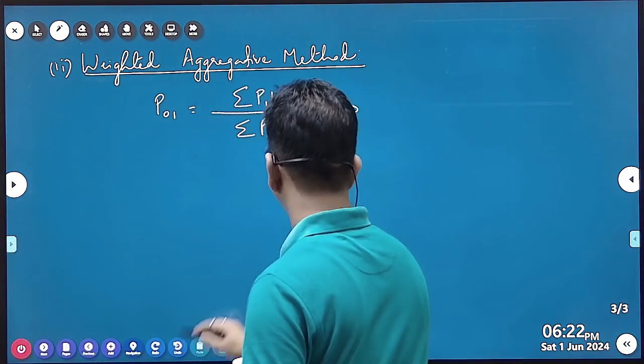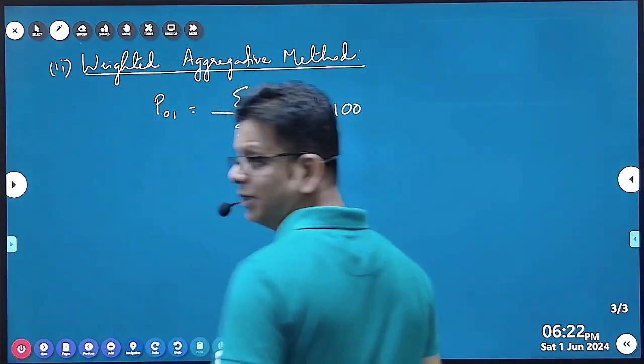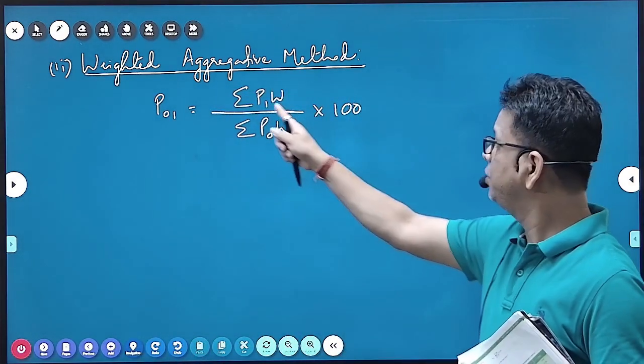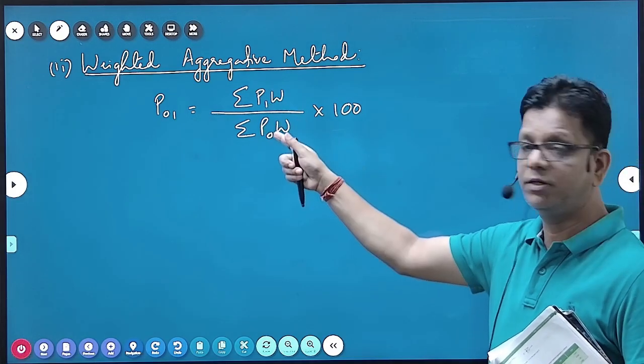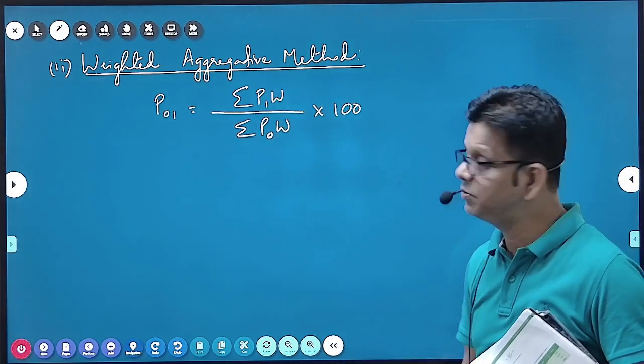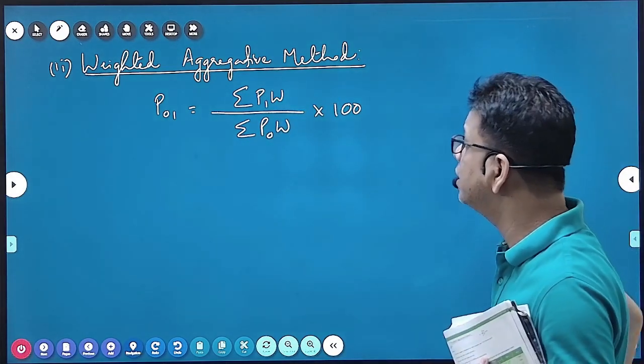You'll try this question yourself. What you have to do is very similar. The W is multiplied with P1, then with P0, and then those columns are added and put in.